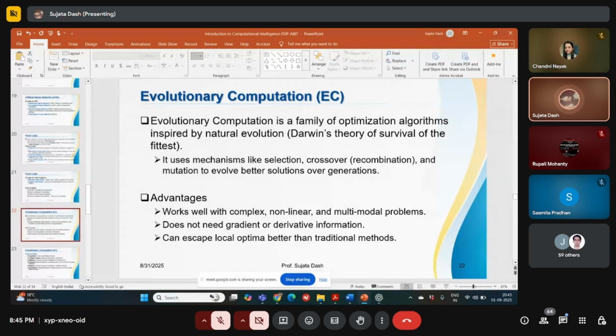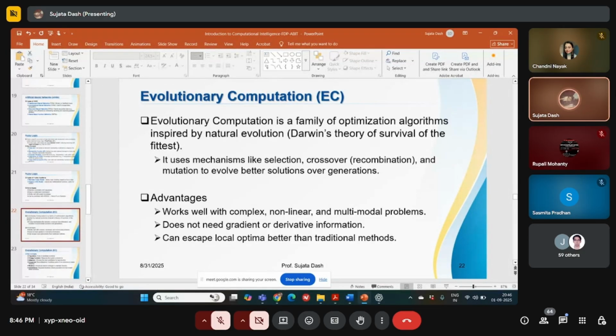Just like nature evolves species to survive in changing environments, evolutionary computation also evolves solutions to complex problems over time. It is widely used when the search space is very huge, non-linear, uncertain, or poorly understood, where traditional methods may fail or may not work.